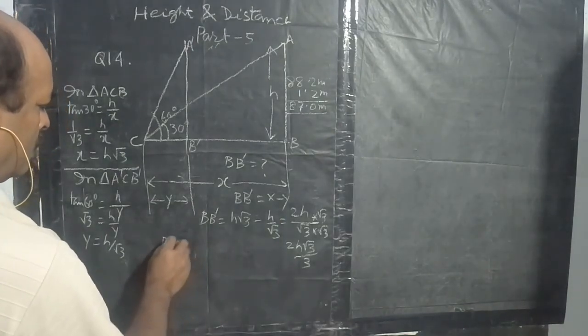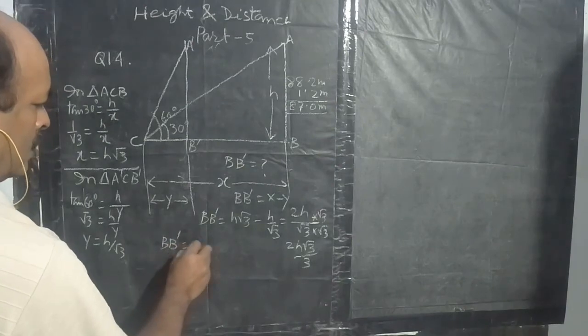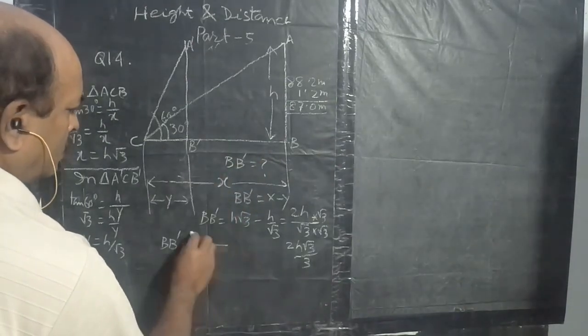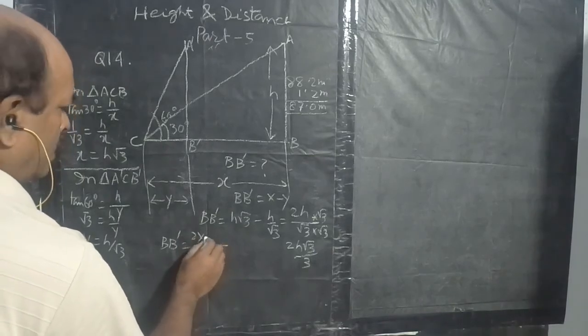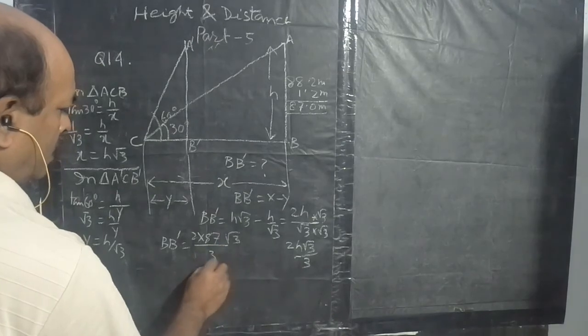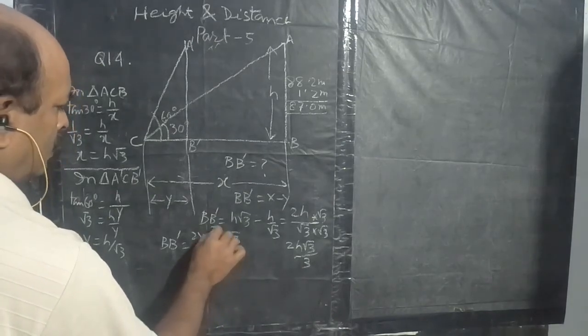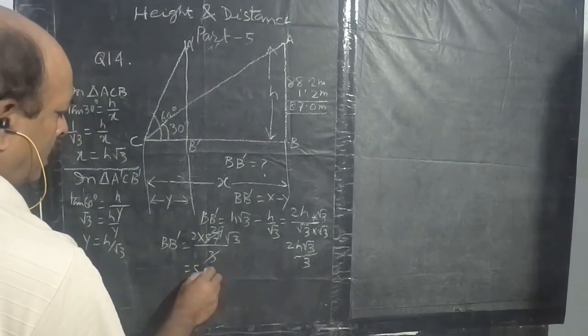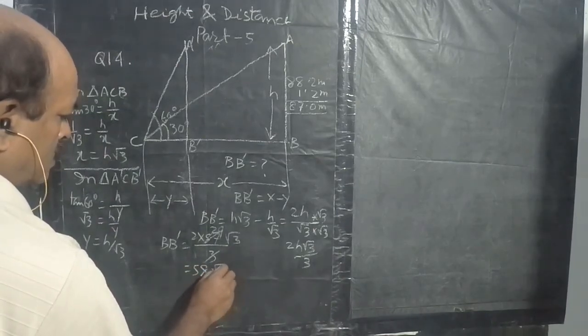So the distance between the two positions of the balloon is 2 into 87 root 3 upon 3. This you cut, 29 times 2 is 58 root 3.